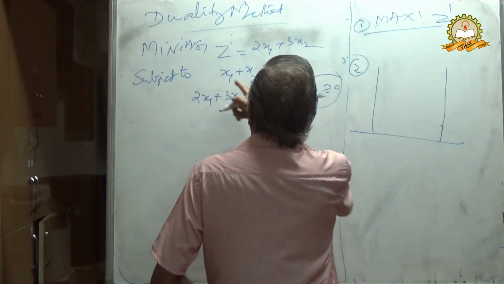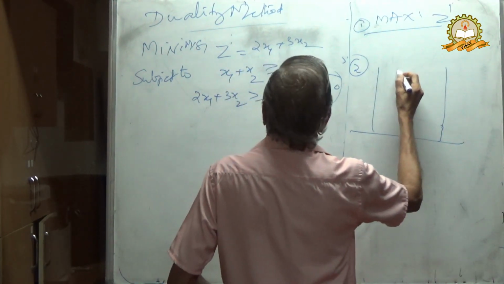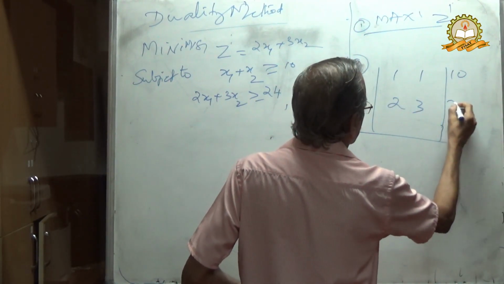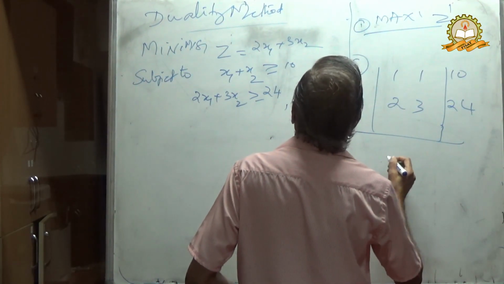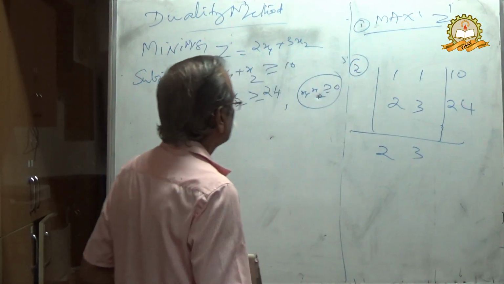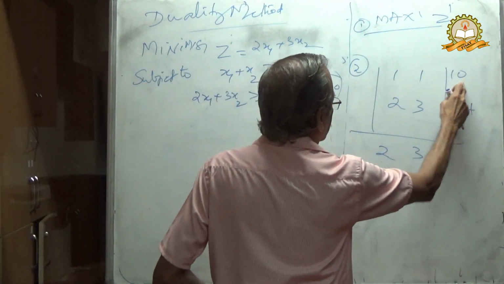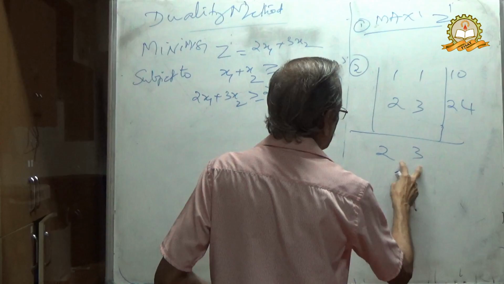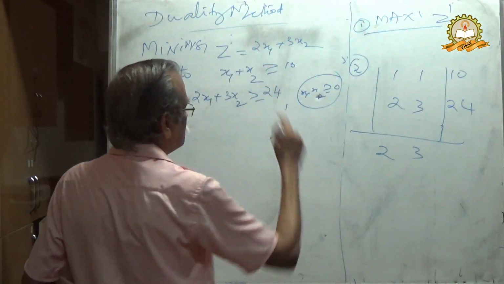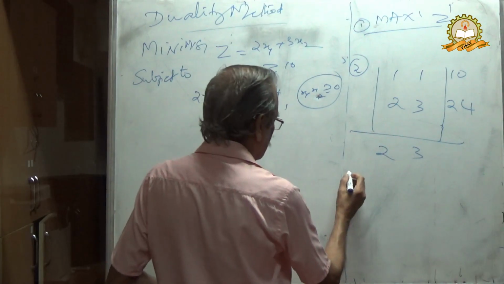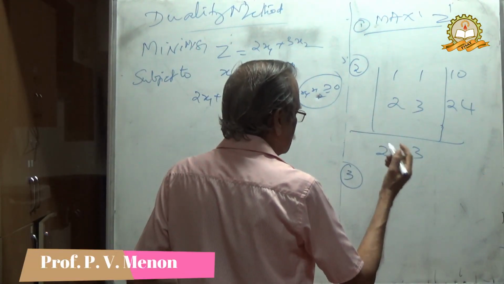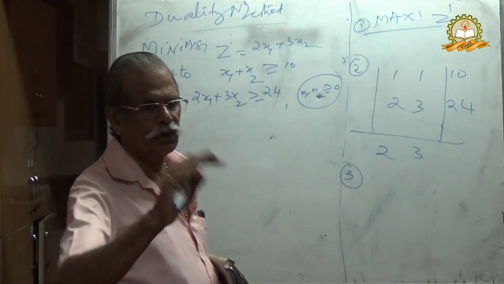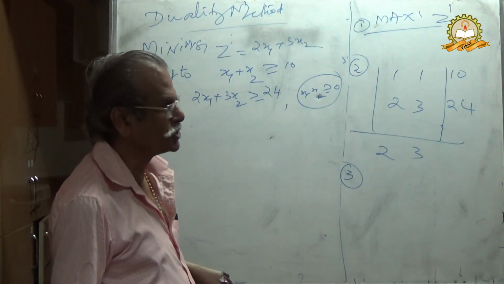Second step, converting into determinants. Consider these constraints: 1, 1, 10; 2, 3, 24; and you have 2, 3. So x1 plus x2 greater than or equal to 10, 2x1 plus 3x2 greater than or equal to 24, and this is the value of the maximum or minimum number. Step number 3, changing columns into rows, or rows into columns.